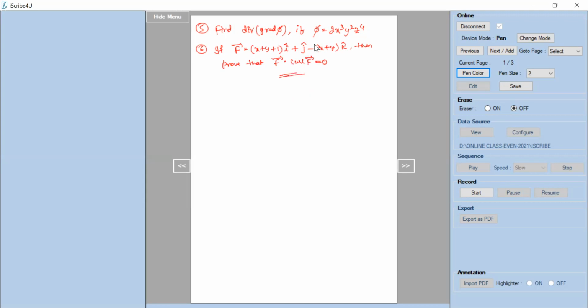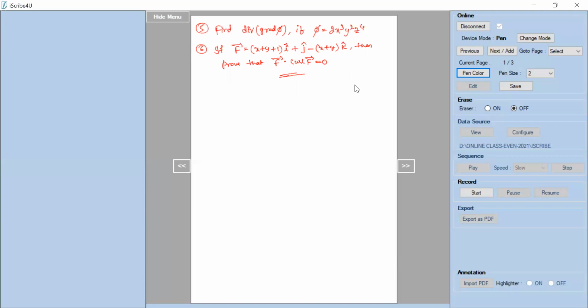So you have to find the curl of this vector first. Curl f already we have discussed how to find. Then take a dot product of the curl f with this original vector f. So the dot product should be equal to 0. So overall, it is a problem on finding gradient, divergence, curl. That's all. Along with that, some conditions are given. You have to show that conditions are satisfied.